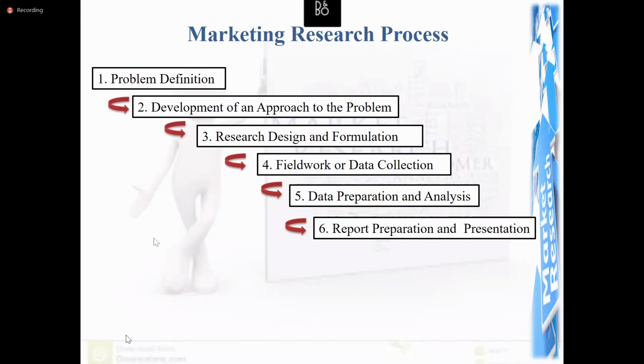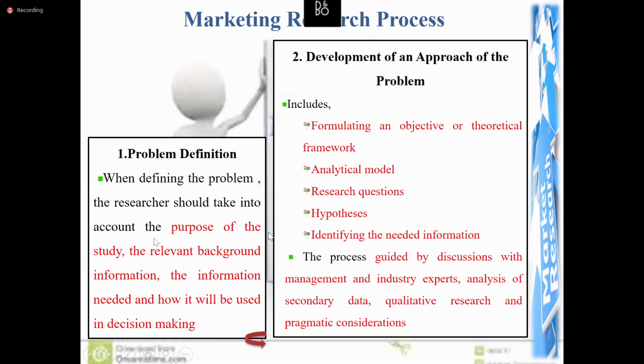Then the analysis is performed, and from that we can write the report. And in some instances, the report has to be presented. This is how we move through the steps involved in the marketing research process.